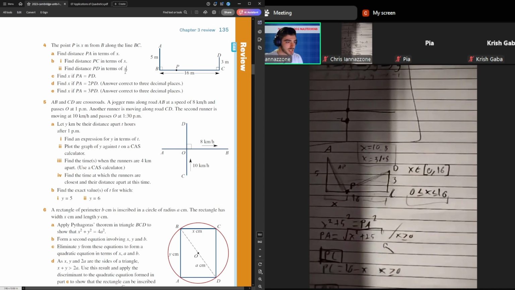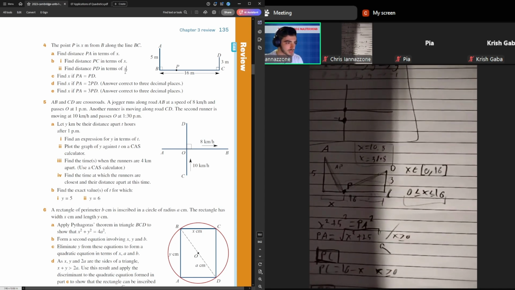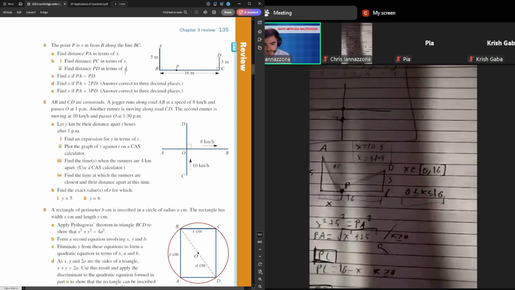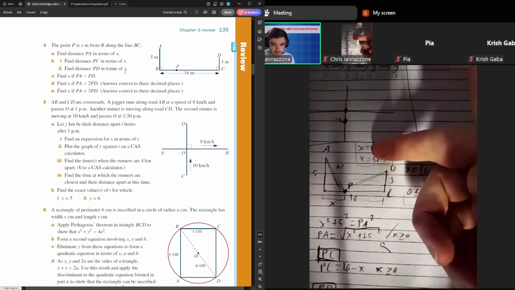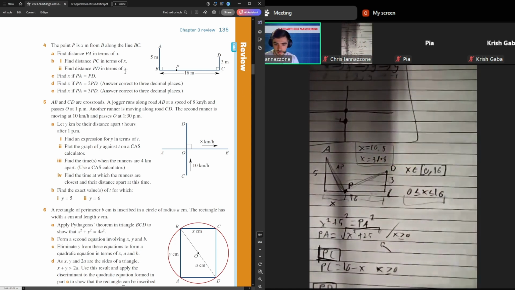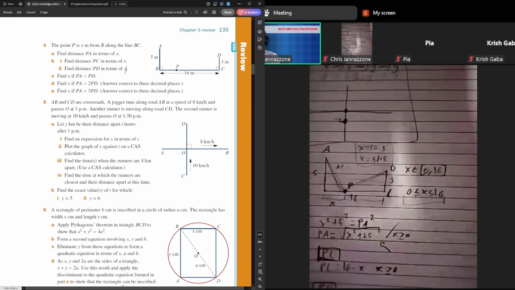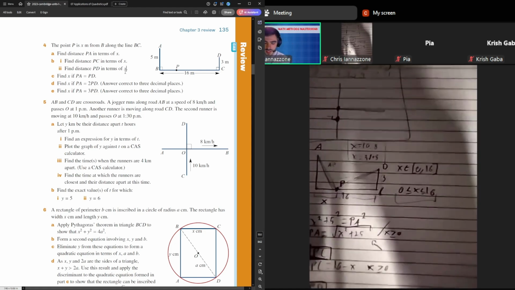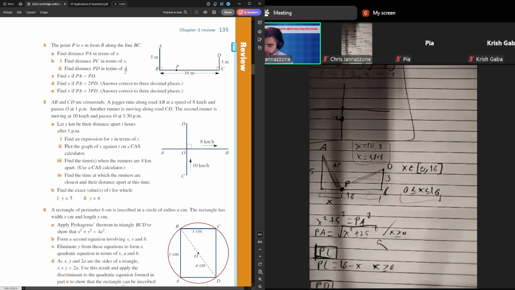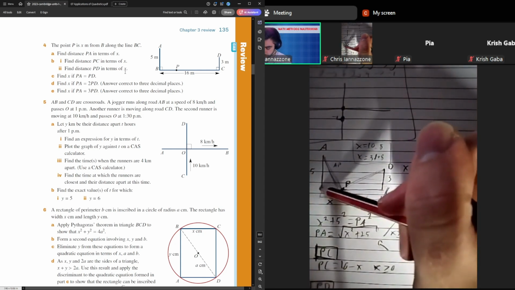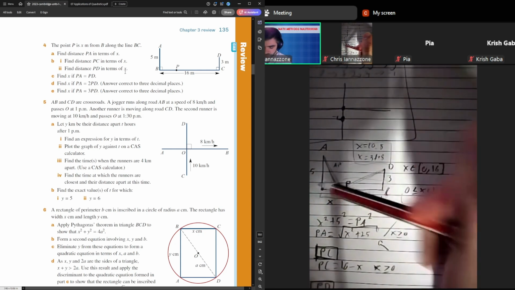Part E was just a repeat of exactly what we just had, which is now 3PD. So again, we're going to have these same issues. One of them's going to be too big, one of them's going to be too small. Yeah, it could be greater than 0. The question doesn't necessarily say that x couldn't be 0. That would put p right here.